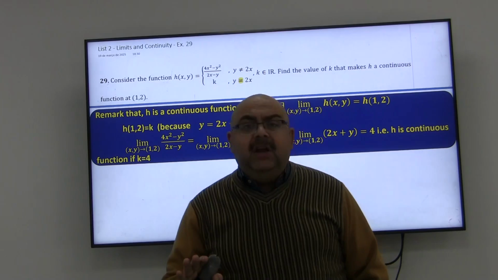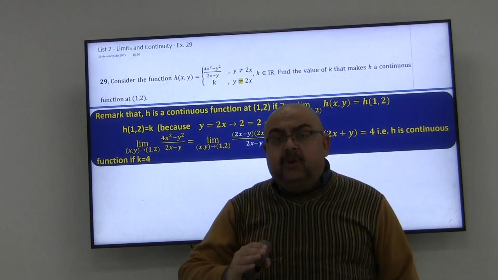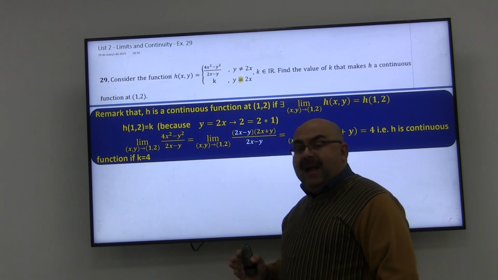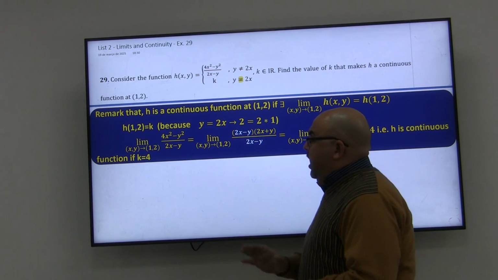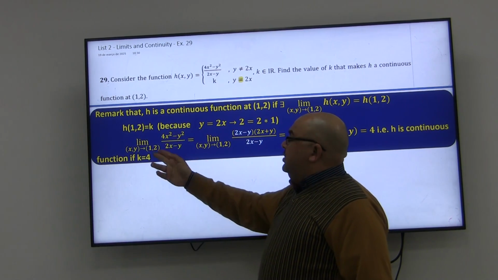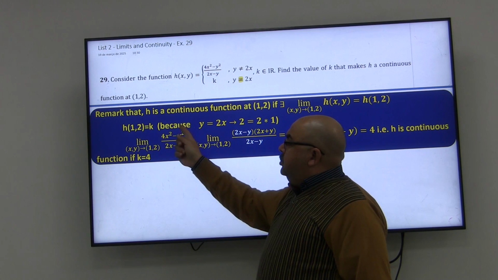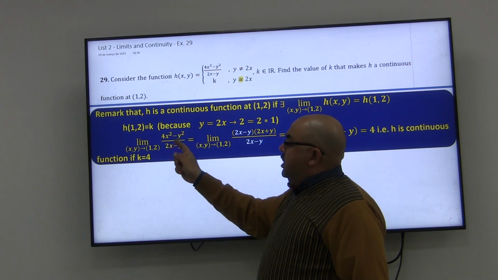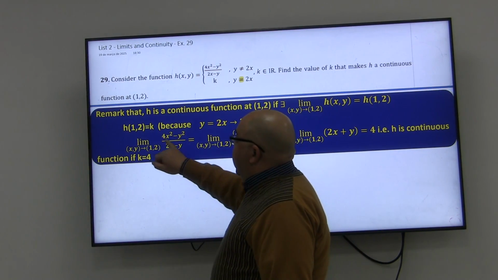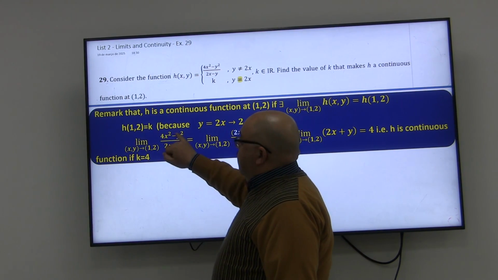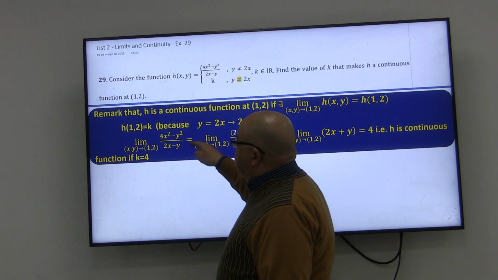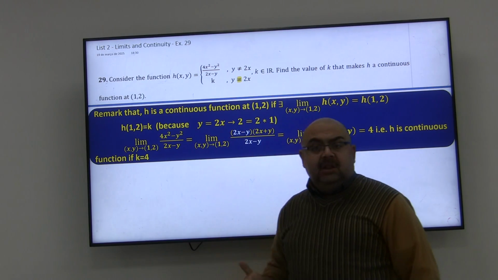All I have to do right now is to evaluate the limit of this branch of the function when (x, y) tends to (1, 2). So once you substitute (1, 2) in (4x squared minus y squared) divided by (2x minus y), you will find 4 times 1 minus 2 to the power of 2, which is 4 minus 4, which is 0, divided by 0, which is an undefined quantity.